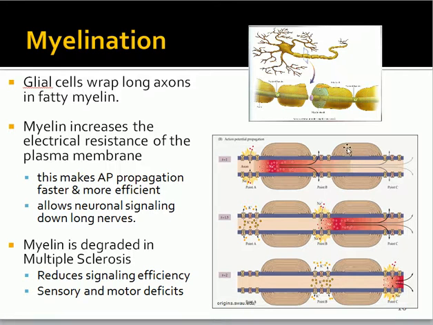And so when that myelin gets attacked on neurons, all of a sudden they start losing their signal. That electrical signal starts just diffusing out of the cells, and it doesn't move down as fast and it doesn't move down as efficiently. So you start losing neuronal signaling. And so in multiple sclerosis, what you can see is deficits in movement and deficits in sensory functions.